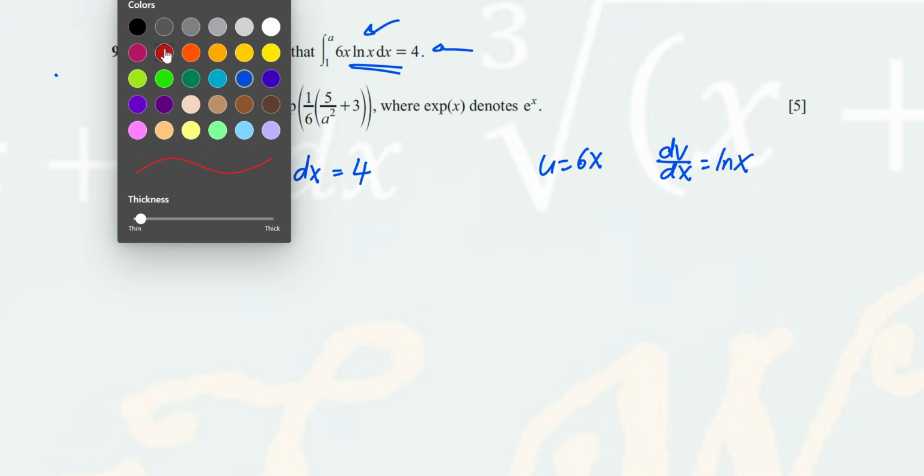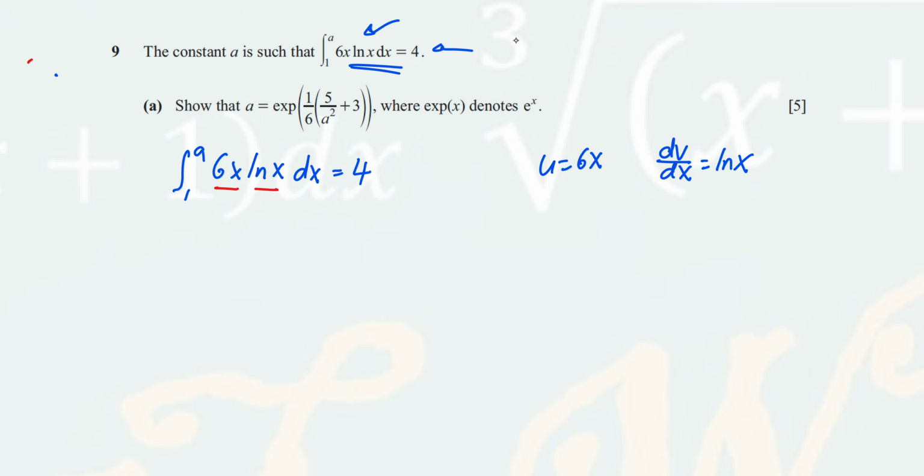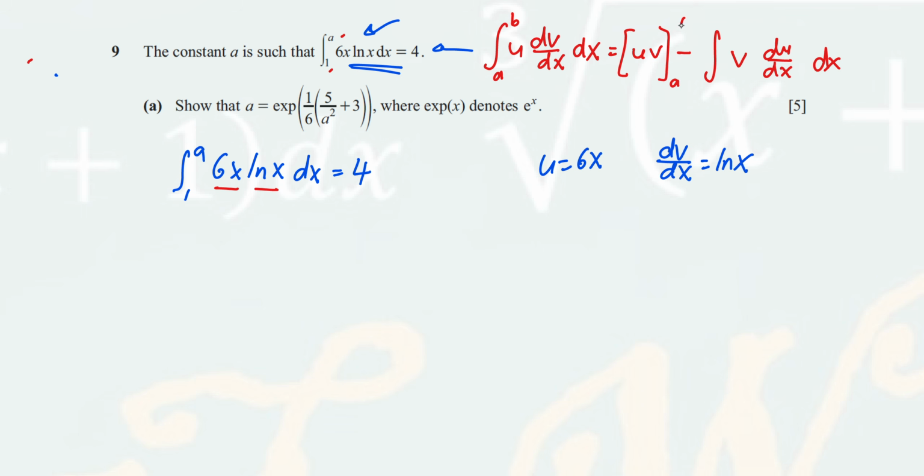Okay, just for your information, integration by parts is basically integrate u dv dx with respect to x. That is uv minus integrate v du over dx with respect to x. And now here given limits, so add on the limits. And this is your integration by parts.